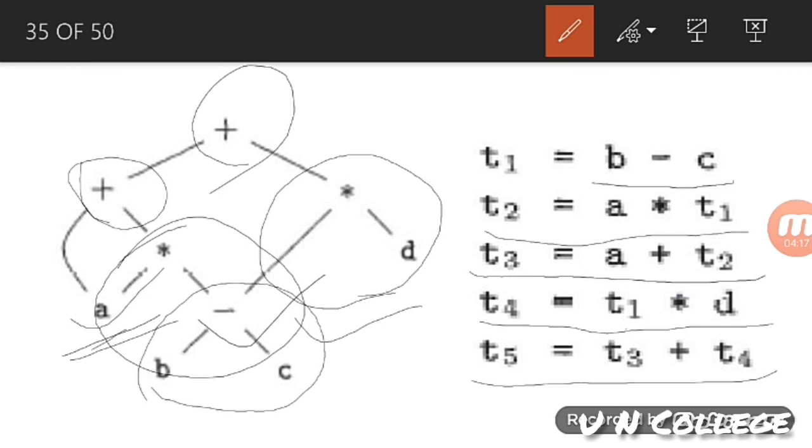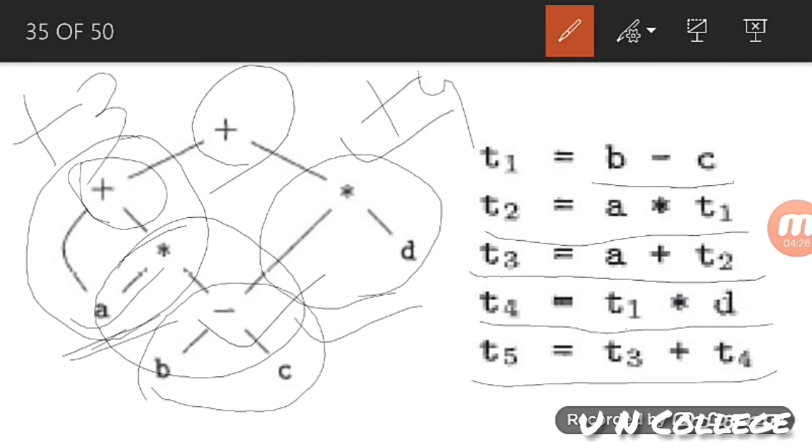This one is plus, and this one is representing T3, and this one is representing T4. In this way we have constructed the DAG, which is implemented for optimization. I hope you have got some basic clear concept on this construction of DAG and three address code.